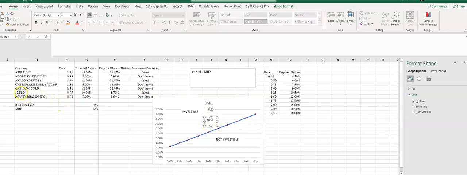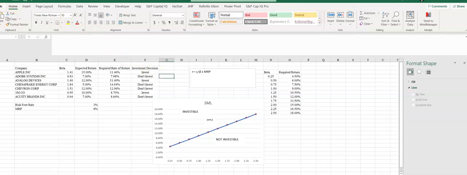And then 3M has a 0.95 beta, somewhere around here, and its expected return is 10%. Required rate of return is 8.70, but it has a 10%. Maybe it should be somewhere around here. So we could just copy and paste it here.